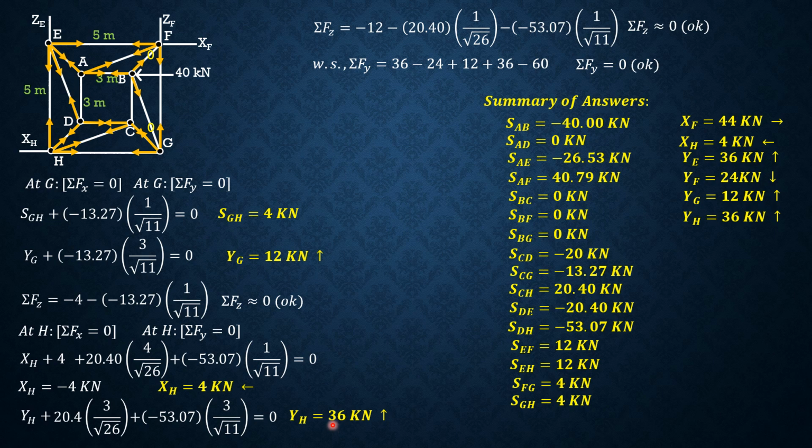So that's all. ZE is 12 kilonewtons forward, and ZF is 12 kilonewtons backward. So that's all for this problem. I hope that you can also analyze space trusses on your own.